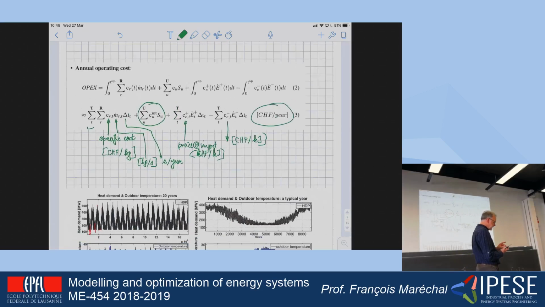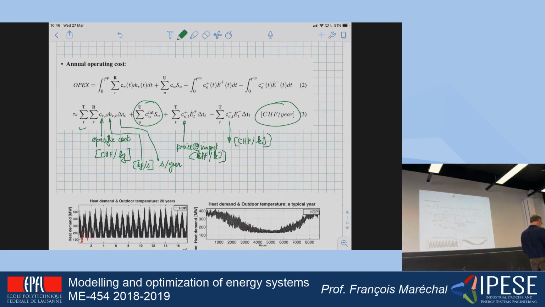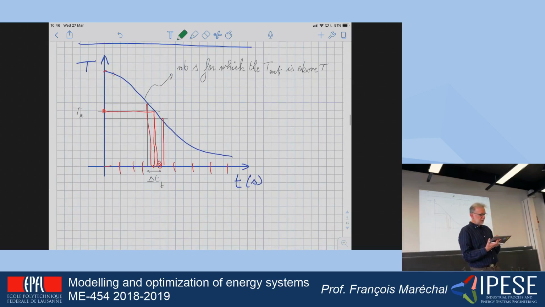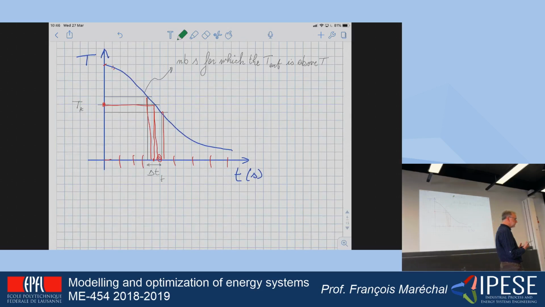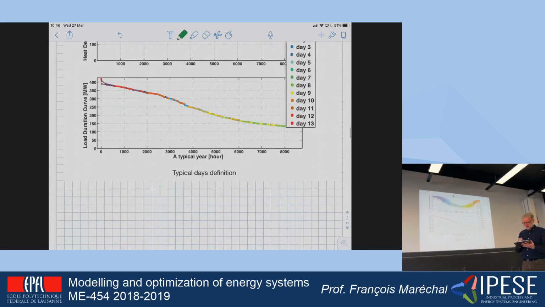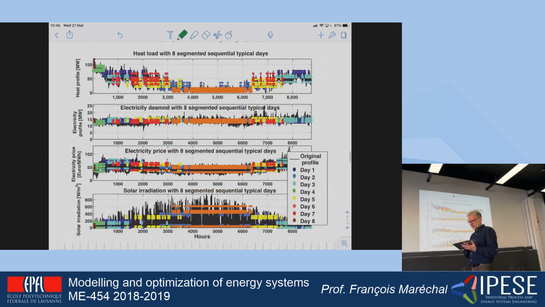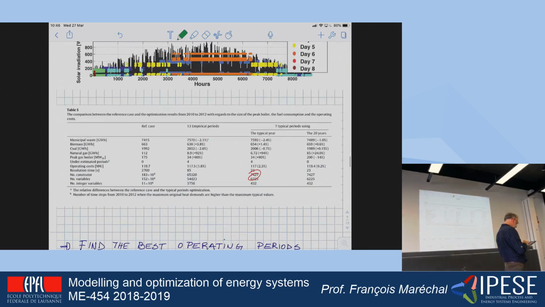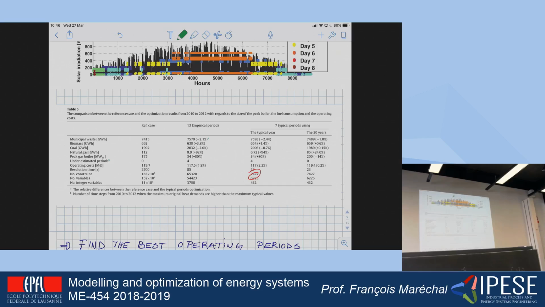So, having said this, I have defined the annual operating cost, and you have been looking at the way to define the temperature and the time intervals that are characteristic of the operation of the EPFL. I will just skip this part, but just to remind you that at the end you have been able to define the list of times that will allow you to represent 1 year of operation.